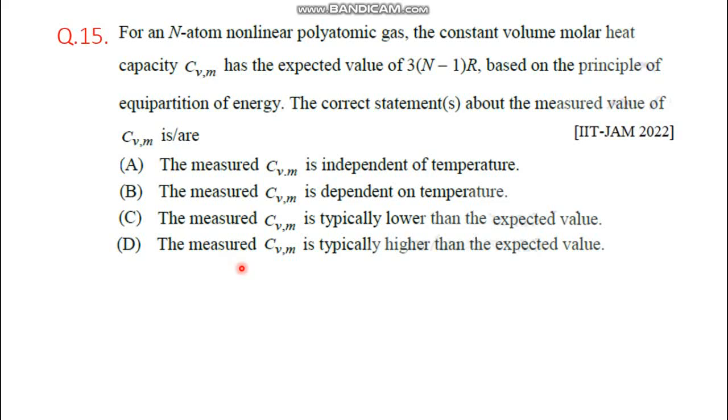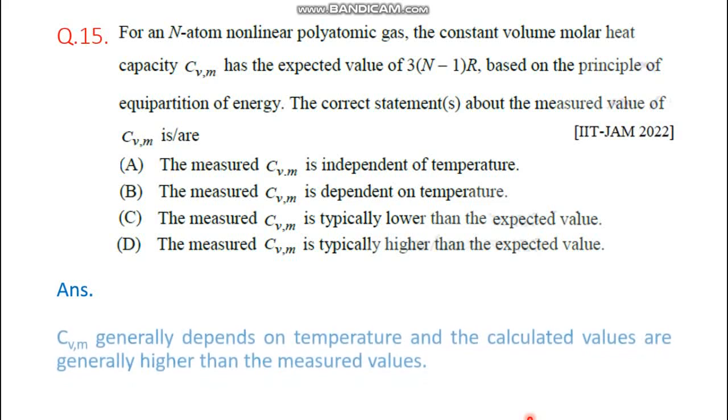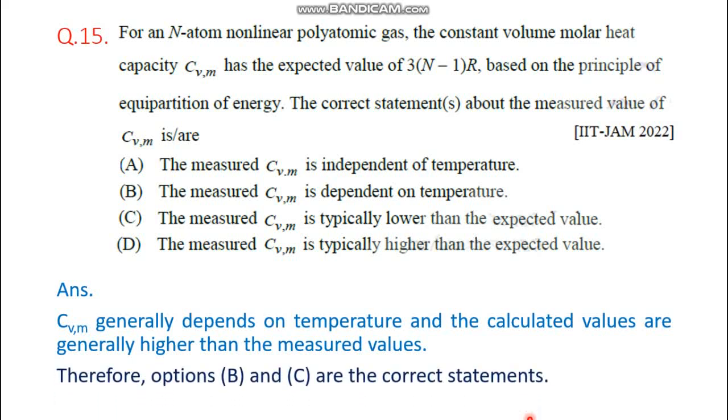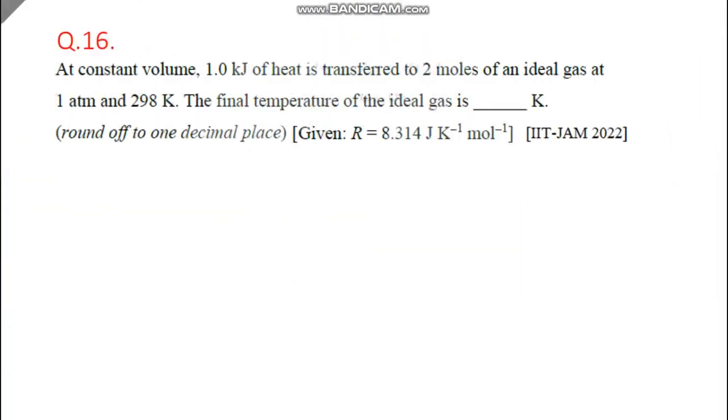It states that the measured Cv is typically higher than the expected value. No, this is wrong, because option C is the correct option. Therefore options B and C are the correct statements.